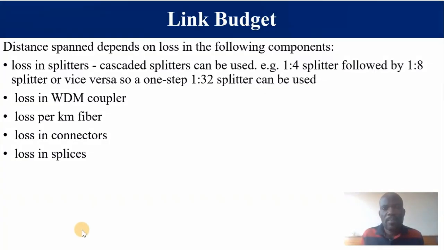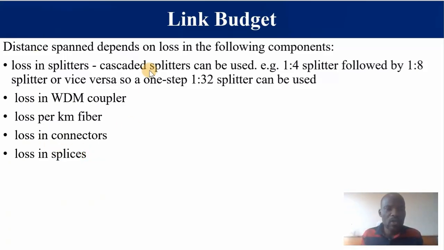Just as we budget our money, we are also supposed to budget our power, which is power from the OLT. And we are saying the distance spanned by a PON depends on losses in the following network components: loss in the splitter, loss in the WDM coupler. Each fiber has got loss per kilometer. Also, where we include some connectors, there is loss at each connector, and where fiber is joined, there is loss at each splice.